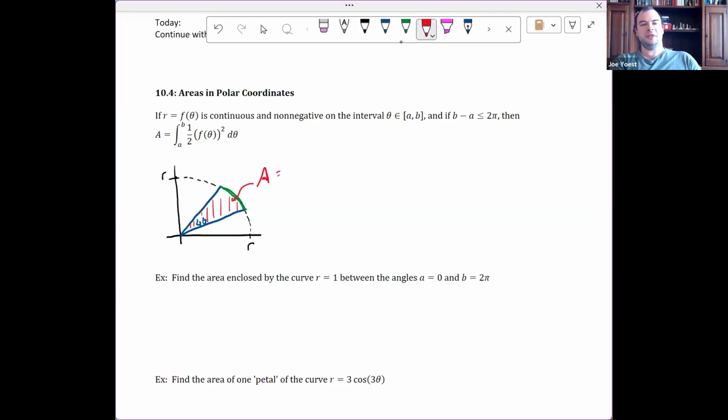So what's my area going to be? Well, it would be the area of the whole circle, which would be pi r squared, times delta theta, the amount of angle sweeping out my area for the sector, divided by the total angle all the way around, which is 2 pi. I see my pi's go away and I get r squared over 2 delta theta. And I think we might already see where this is headed.